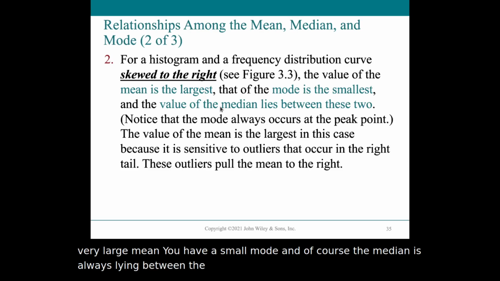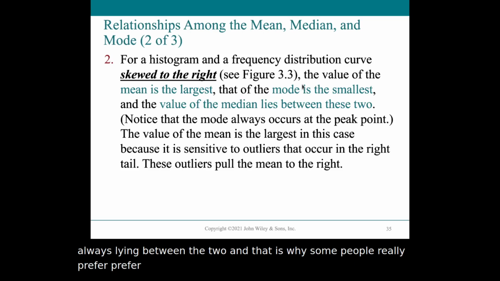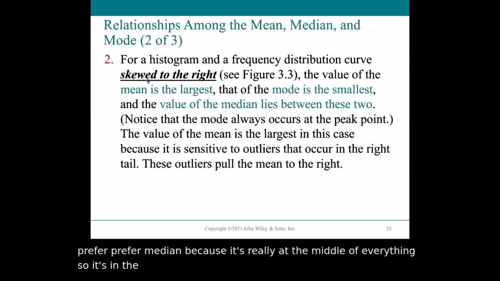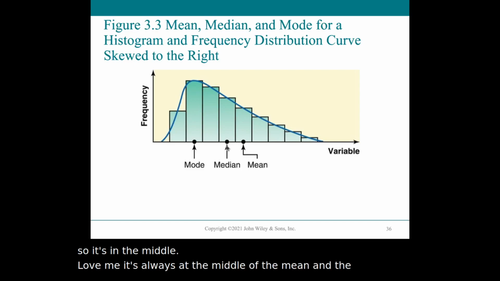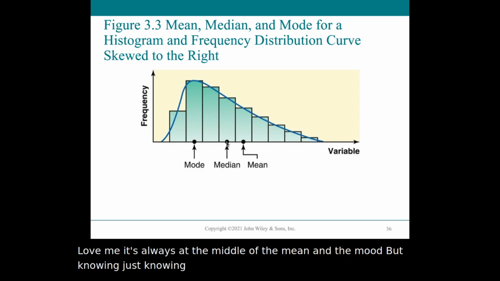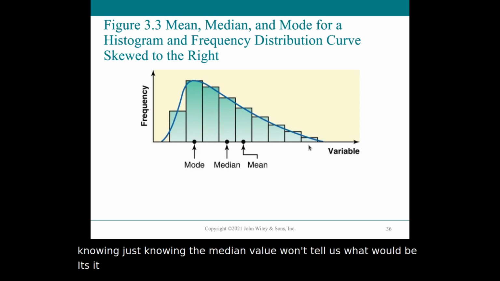That is why some people prefer the median, because it's always in the middle of the mean and the mode. But just knowing the median value can only tell us so much, such as, of course, the relative frequency.